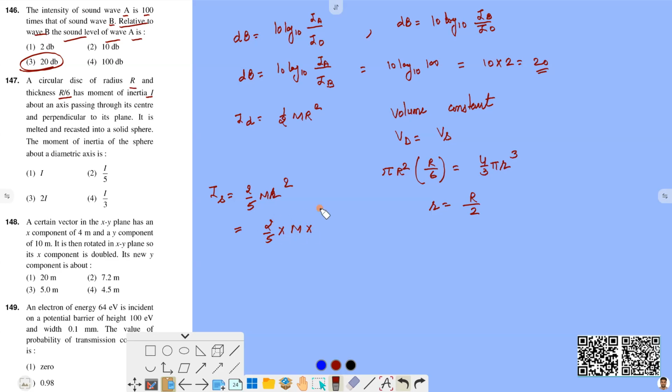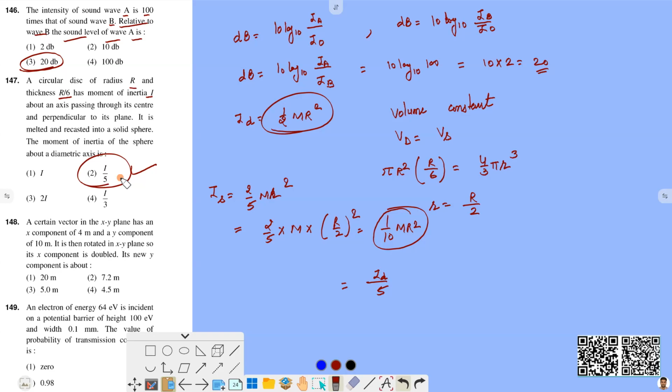Mass will stay the same as we are using the same material, into r by 2 square. This is 1 by 10 m r square, and for the disk we had half mr square, and for the sphere we have 1 by 10 mr square. So this is basically the moment of inertia of the disk divided by 5. That is the second option for us.